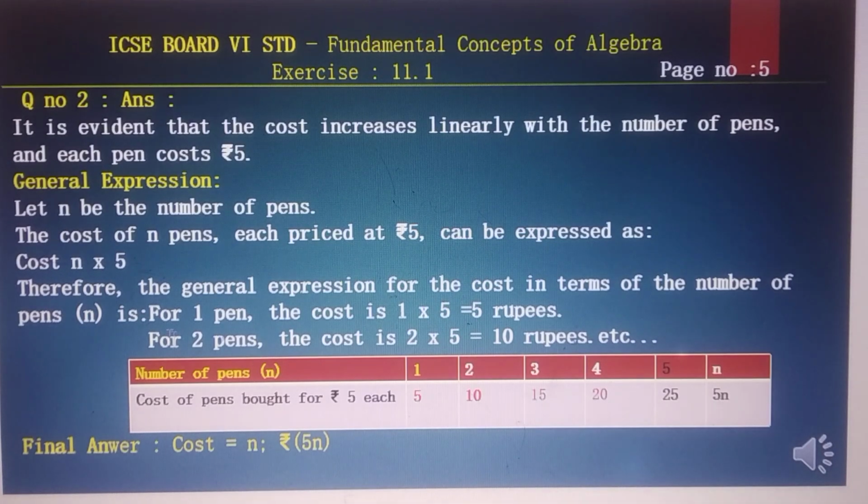The final answer: first of all, it is evident that the cost increases linearly with the number of pens, and each pen costs rupees 5.